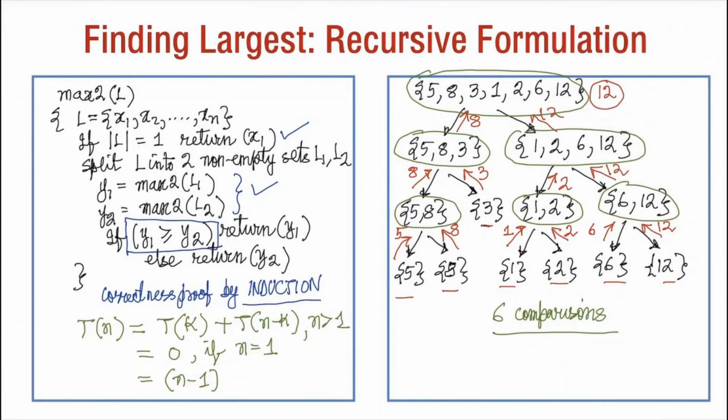So we can say that for this algorithm, any split is good. So we would prefer to split it into 1 and n minus 1 because that is easy to code into a simple iterative loop.